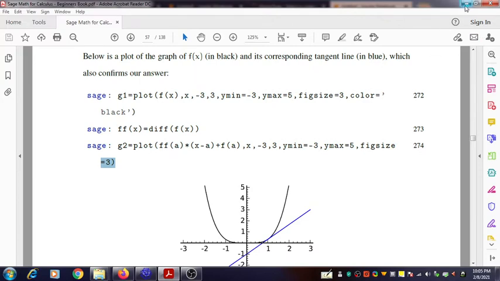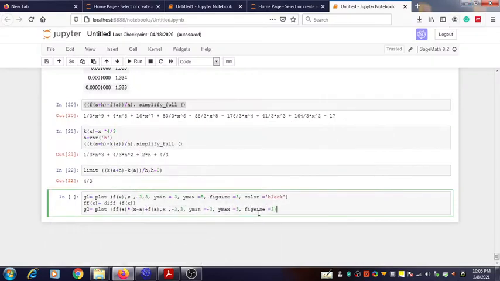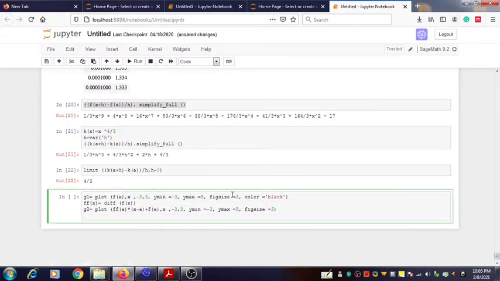Since we require both curves together in a single figure, you have to type the new function g. G is being used in our discussion for storing plots and taking the output. Okay, so g is equal to g1 plus g2.